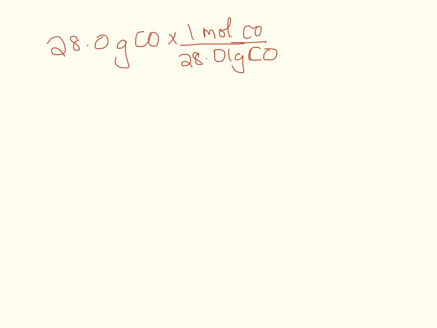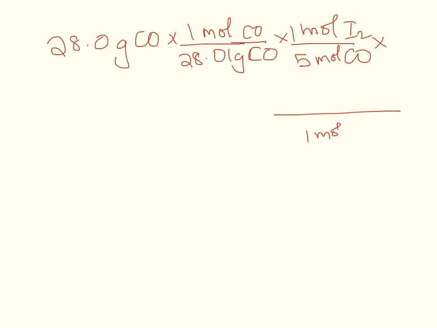This is the molar mass of carbon monoxide. 5 moles of carbon monoxide react to give 1 mole of iodine, and every 1 mole of iodine is present in 253.8 grams of iodine.